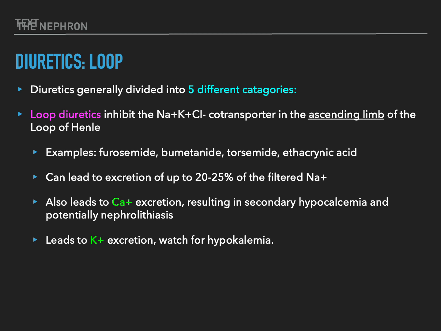Keep in mind that loop diuretics also increase calcium and potassium excretion, so you want to watch for secondary hypocalcemia and hypokalemia. And they might not be the best medication in someone with a history of nephrolithiasis due to the increased urinary calcium excretion.